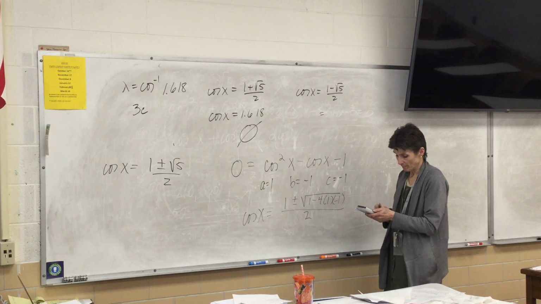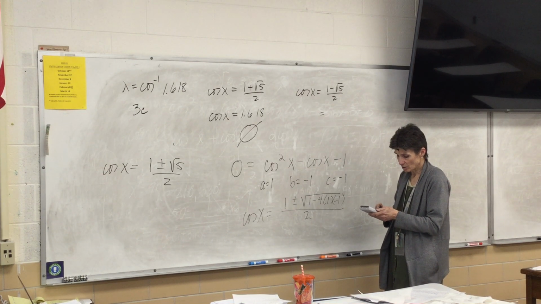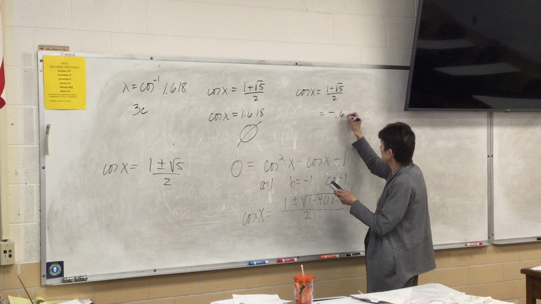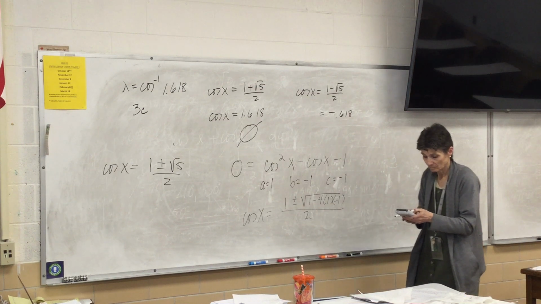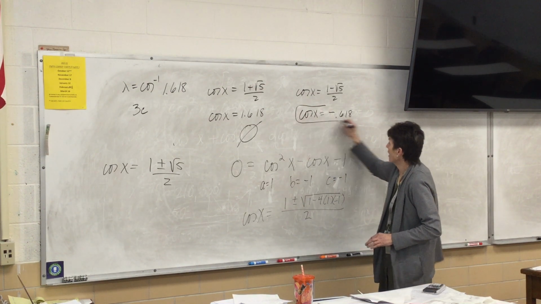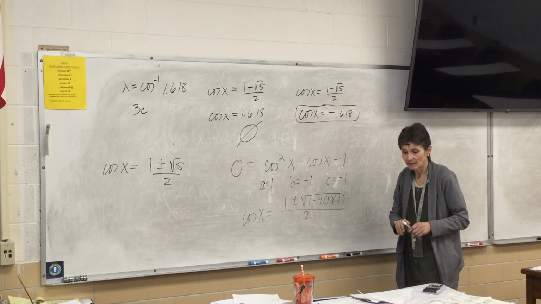Now what about this one? 1 minus the square root of 5 divided by 2. Now that one is negative 0.618. So you are saying that the cosine is a negative number.